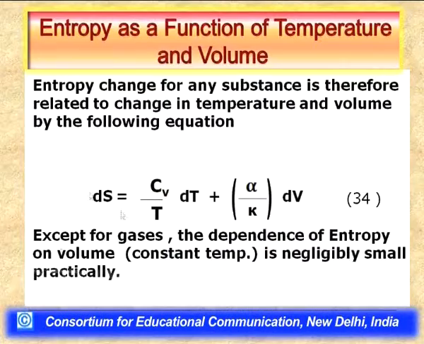Because the entropy change expression we have derived involves two contributions, one due to temperature change and one due to volume change, and for condensed phases the volume change is negligible unless the pressure is very high or we require very specific calculated values. We would not calculate this second term, and we would only say that for all practical purposes, for condensed phase systems at usual pressure values, entropy is a function of temperature only.